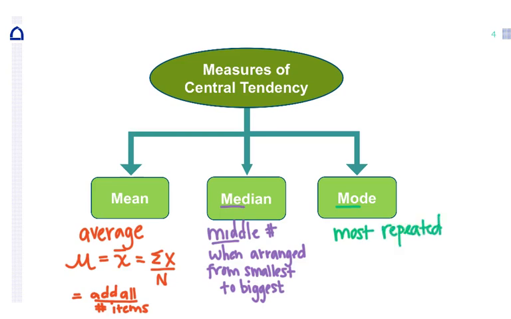It is possible to have one mode, if there's only one that is the most popular, the most common. It's possible to have no mode if nothing is repeated, and it's possible to have more than one mode if more than one data point is repeated the same number of times. So we'll do examples of all three of these measures of center in the next slides.